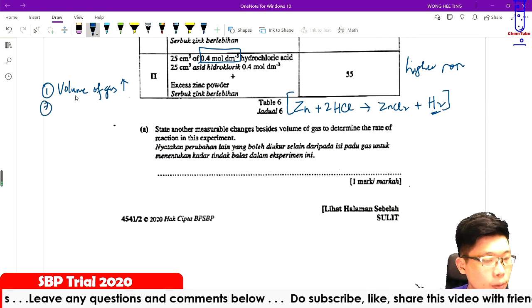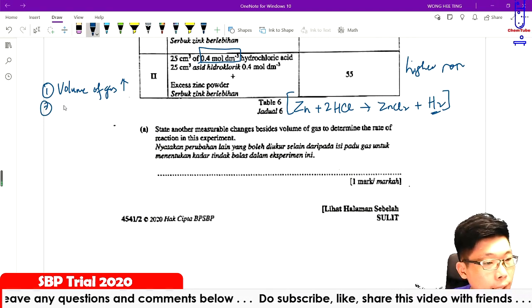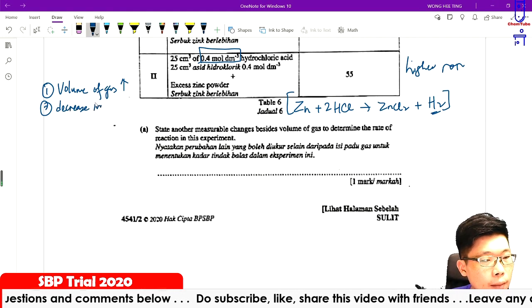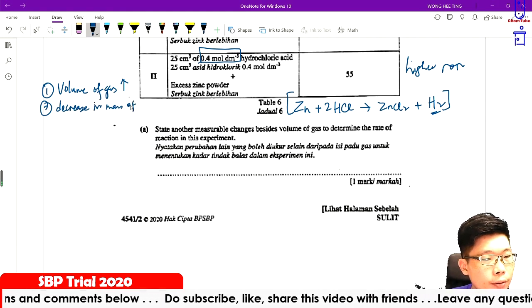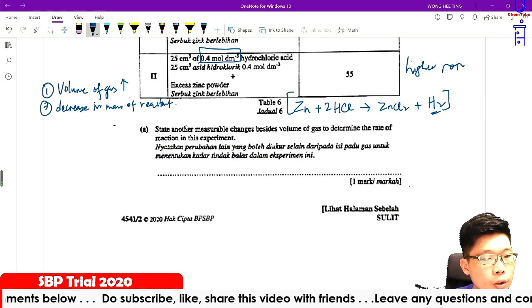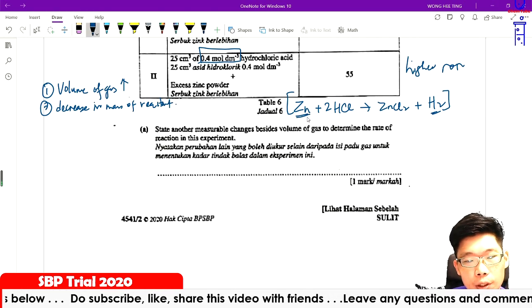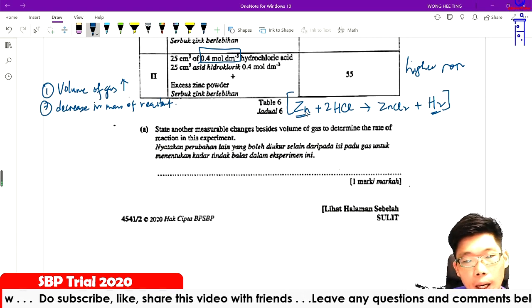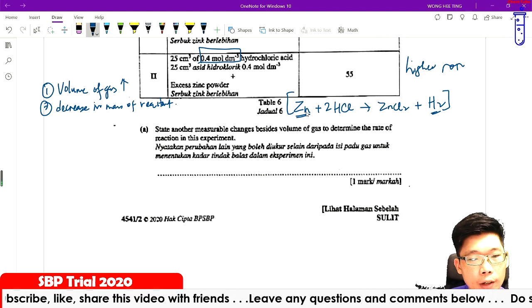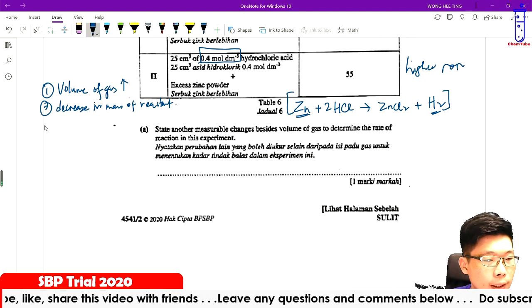Number two is the decrease in the mass of reactants. Meaning that we can actually measure the mass of the reactant, the zinc, over the time, and we can also determine the rate of reaction.